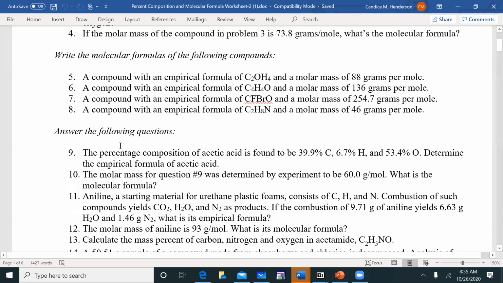I really want to make sure it's one that has a decimal. Hold on one second. Give me 1 minute.